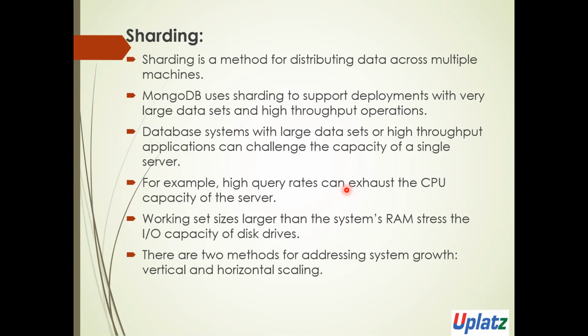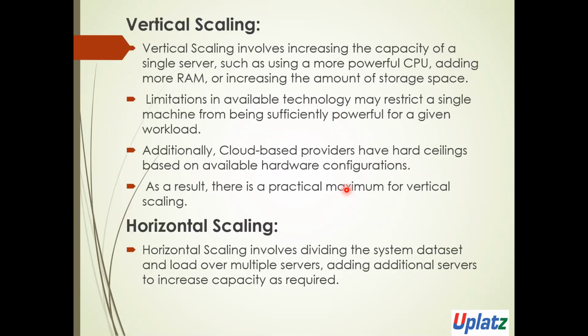They use two types of scaling: one is horizontal scaling and one is vertical scaling. Let's see what vertical scaling is. It involves increasing the capacity of a single server, such as the CPU, and also adding more RAM and increasing the amount of storage space.